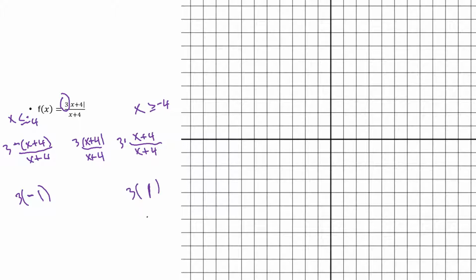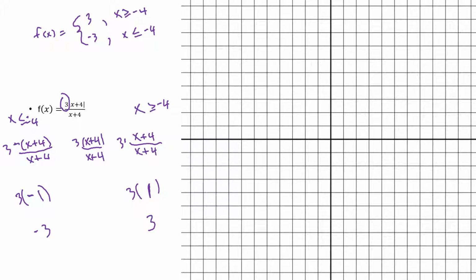So either we're going to have 3 in the positive case or negative 3 in the negative case. So our two scenarios are either that f of x will be a positive 3 in the positive case or a negative 3 in the negative case.